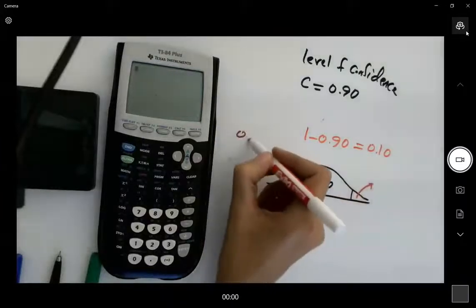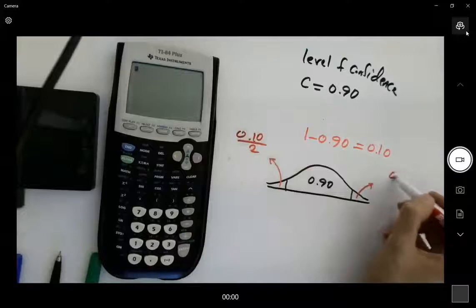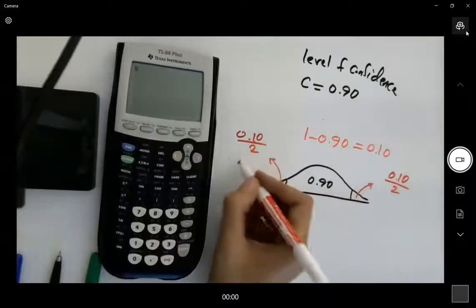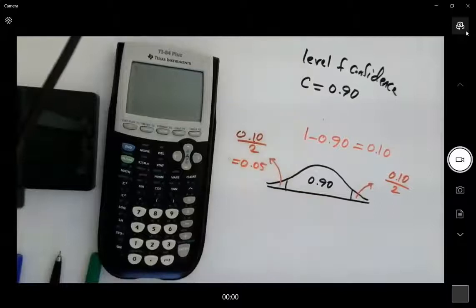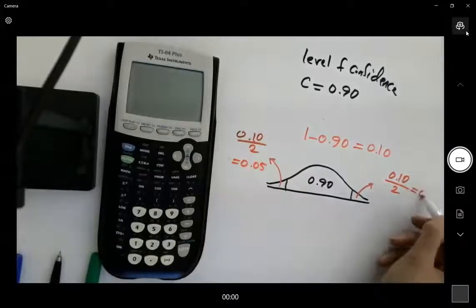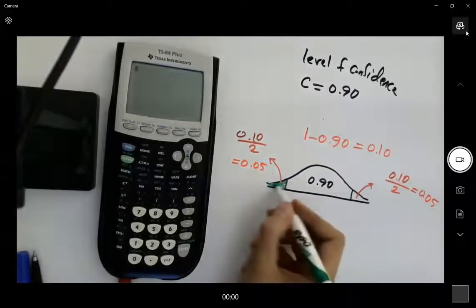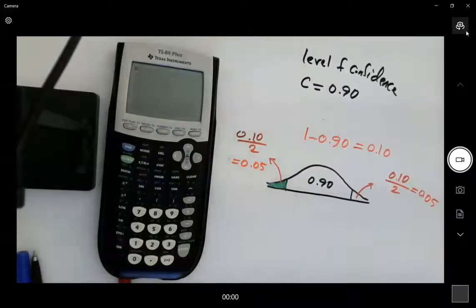This gives you just 5%. So this little area to the left is 5%.